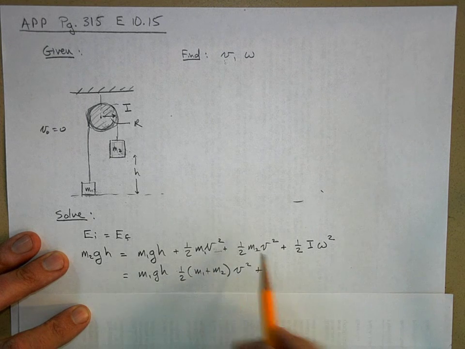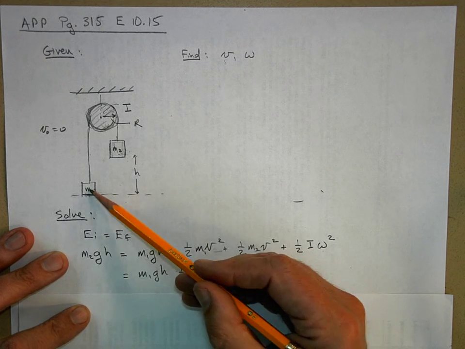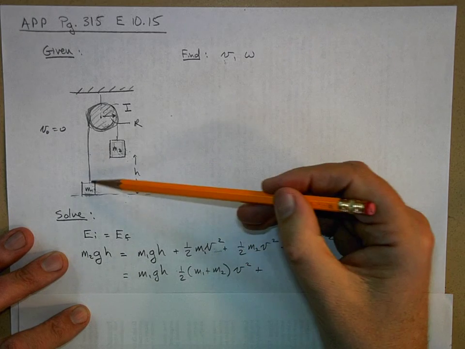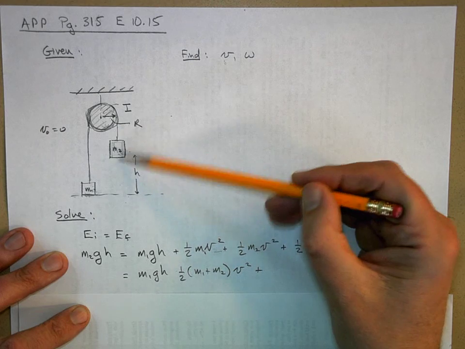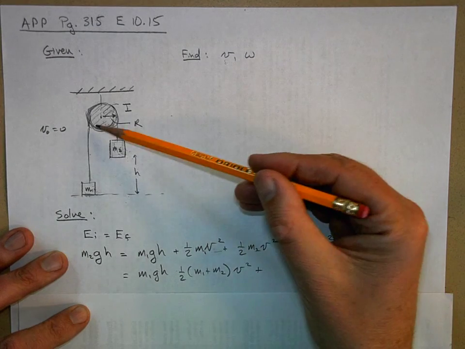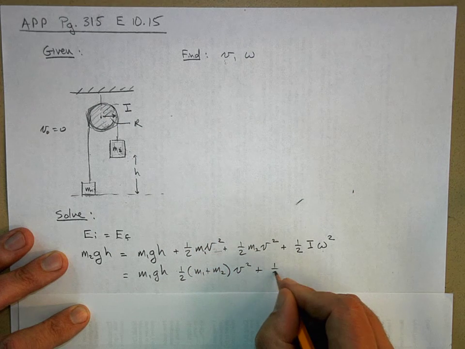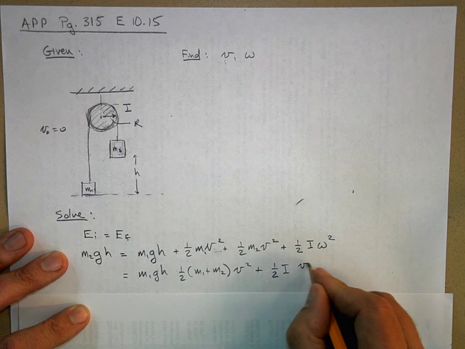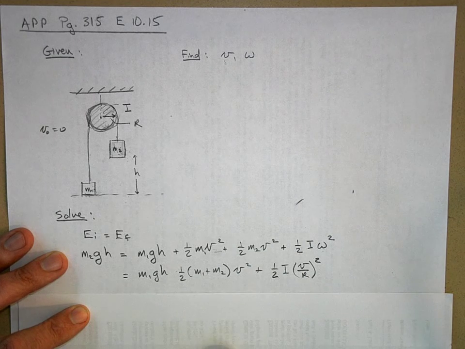I can also notice that this omega is related to the linear speed of these guys. Key point, pay attention. When you have a pulley wrapped around the outside of this, the linear speed of these masses is directly related, like rolling motion, to the rotation of the pulley. That relationship is omega equals v over r, and then that's going to be squared.